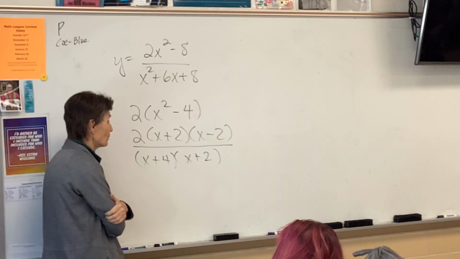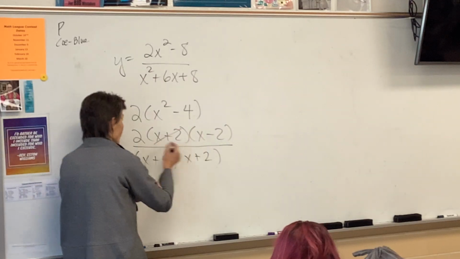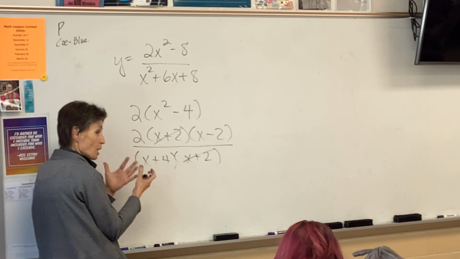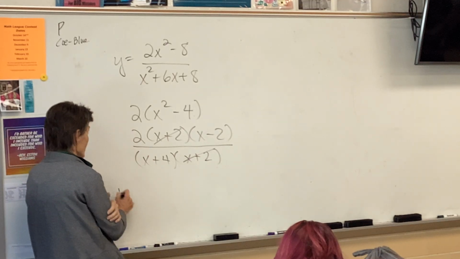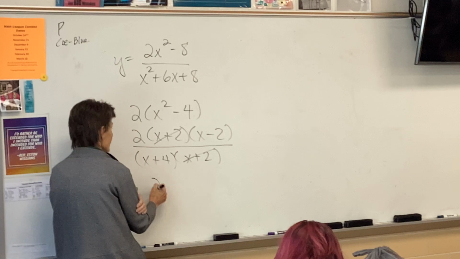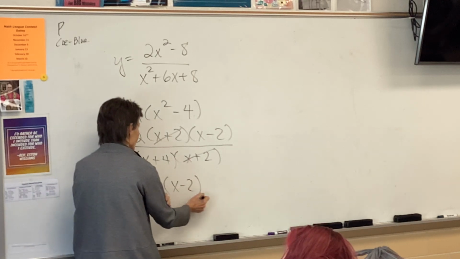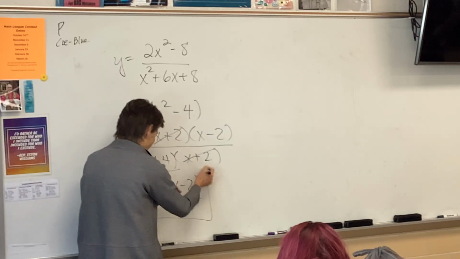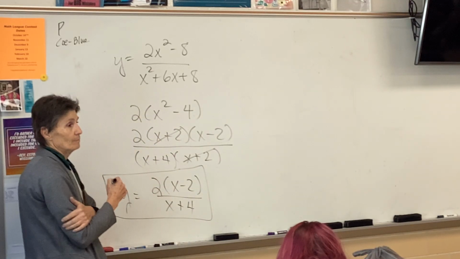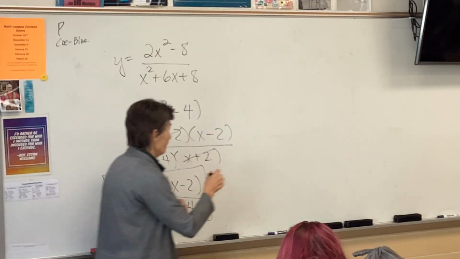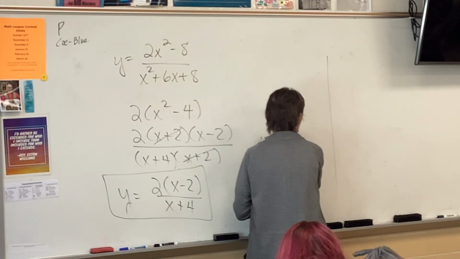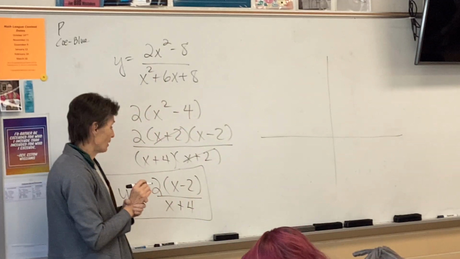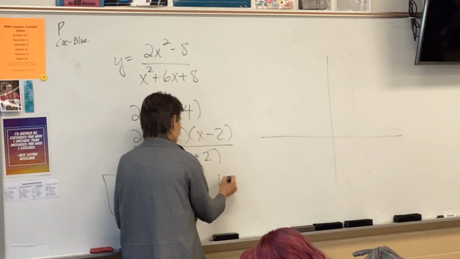And then what do we notice? We have a hole. Your quiz question will be just like this. It will have a hole. So we'll have y equals 2(x minus 2) over x plus 4. This is your problem. Let's get our hole taken care of. Where will it be?